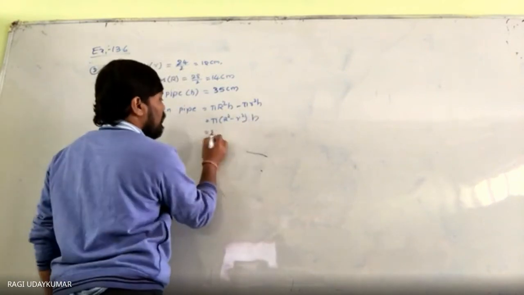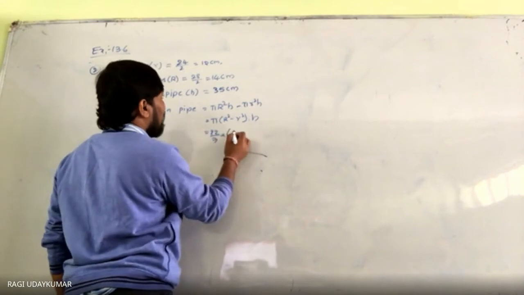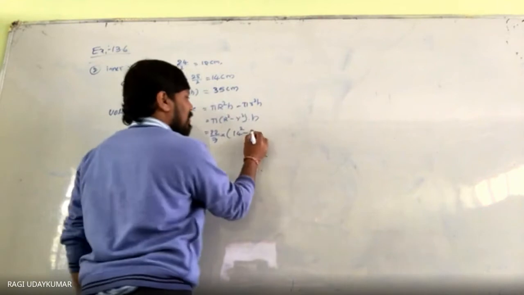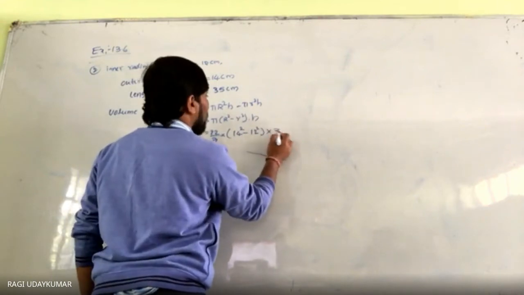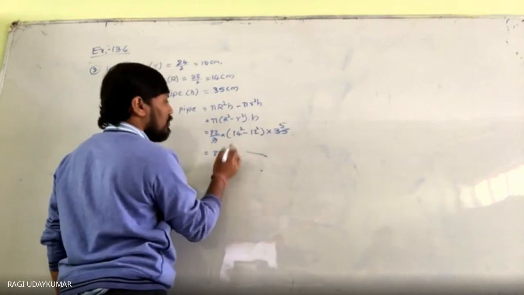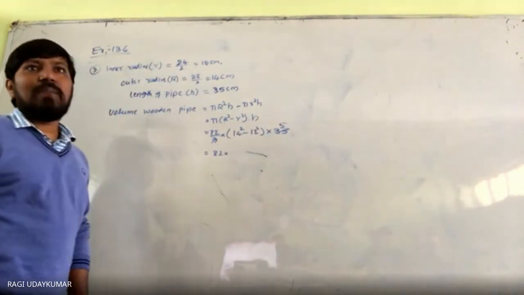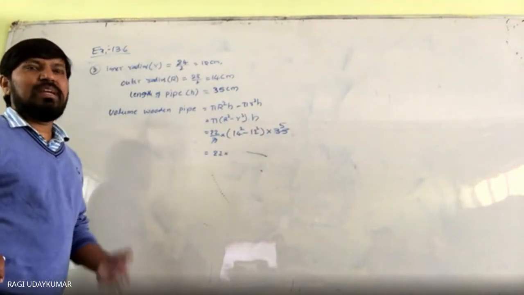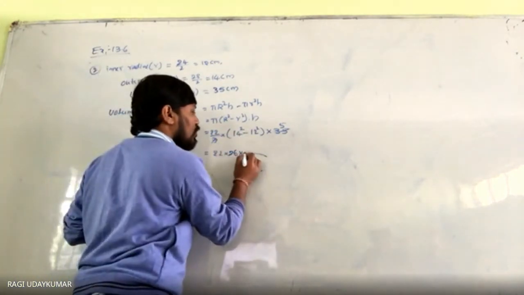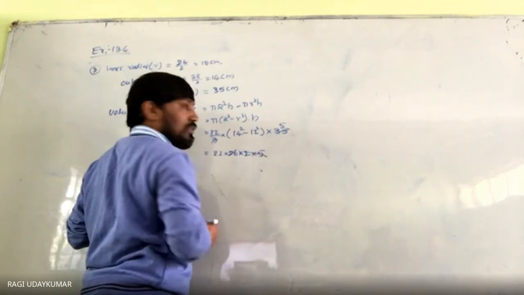So pi value is 22 by 7 and capital R is 14 square minus 12 square into 35. 7 ones are 7. So 22 into a square minus b square, apply a plus b into a minus b. So 26 into 2 into 1600.